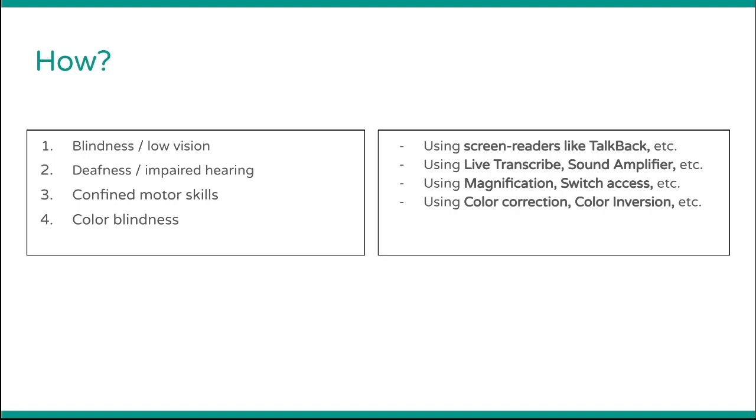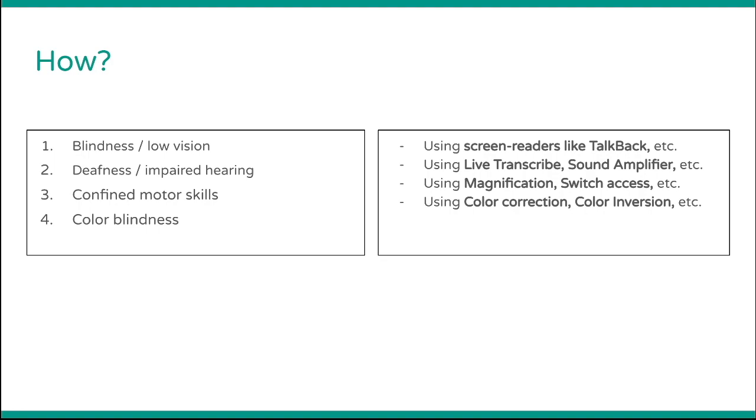Also, if someone has a confined motor skill, it means someone has difficulty in using an application correctly because they don't have much control over their hands. For that, magnification can help a lot. For example, if there is a small button and a very big button, someone with a confined motor skill can easily click on the big button, right?